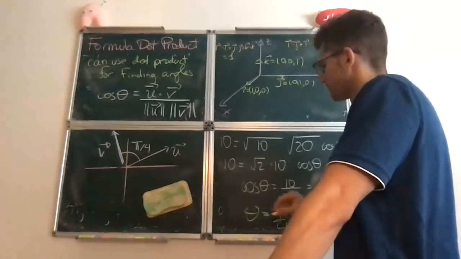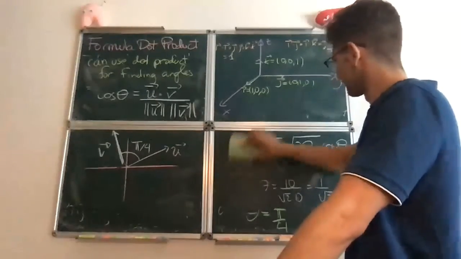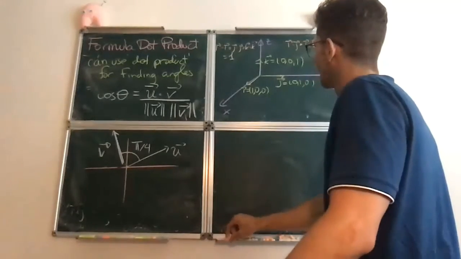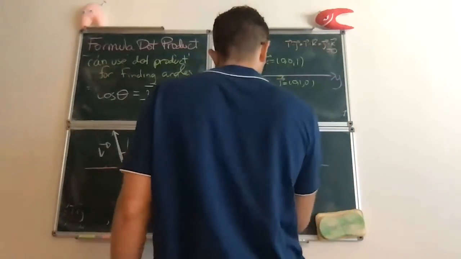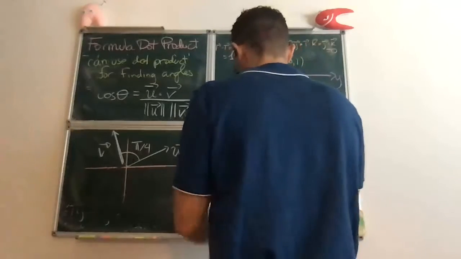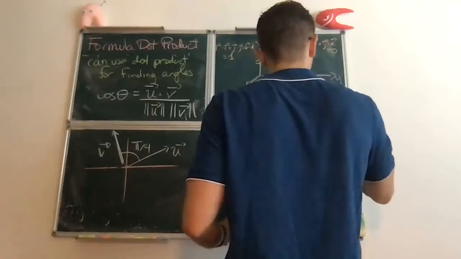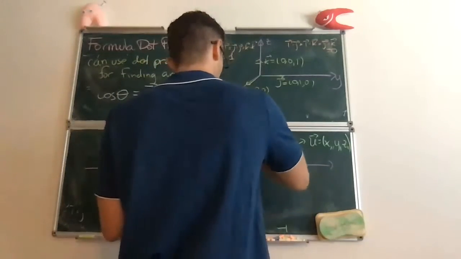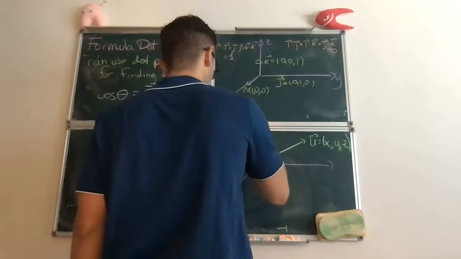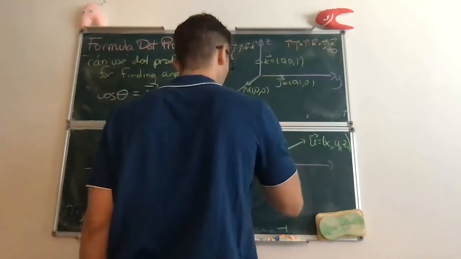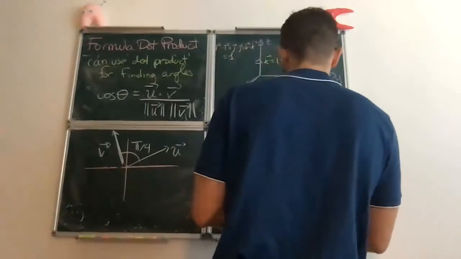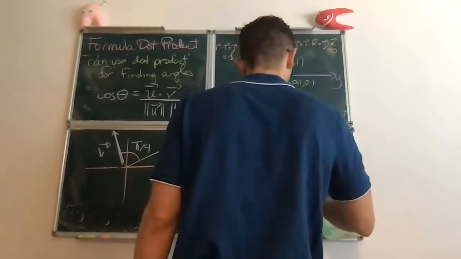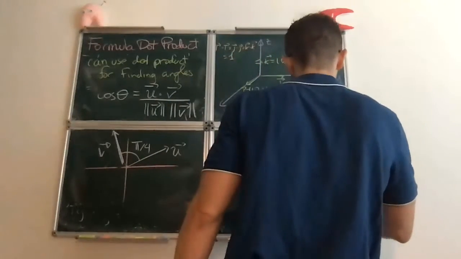And then in particular, if you have two vectors, which you think of as position vectors here, so maybe you have a vector u, which has coordinates x1, y1, z1, and another vector v, which has coordinates x2, y2, z2, then u dot v is still x1 x2 plus y1 y2 plus z1 z2.